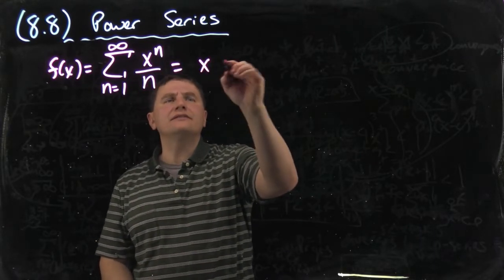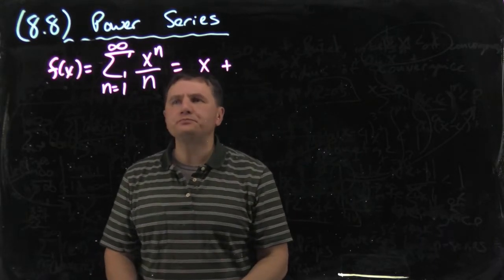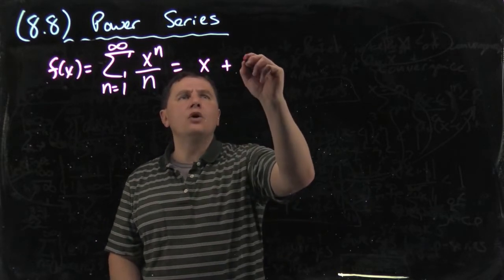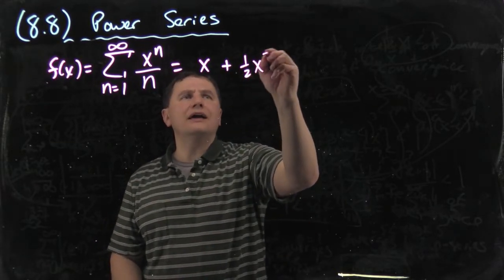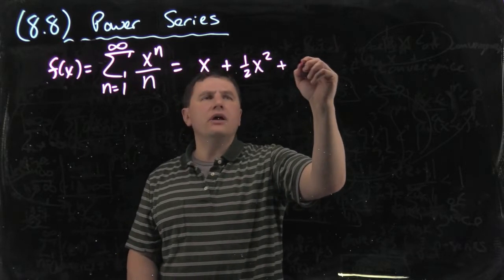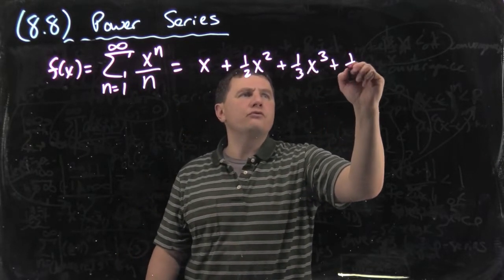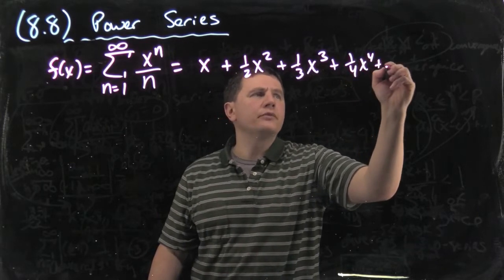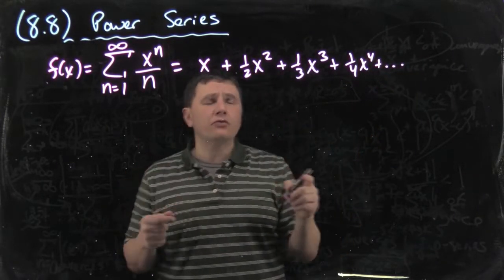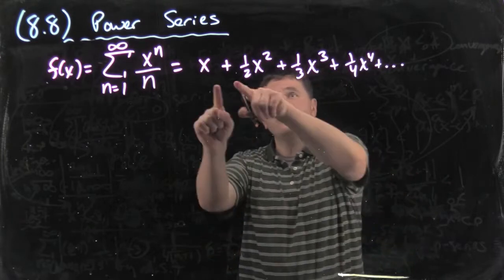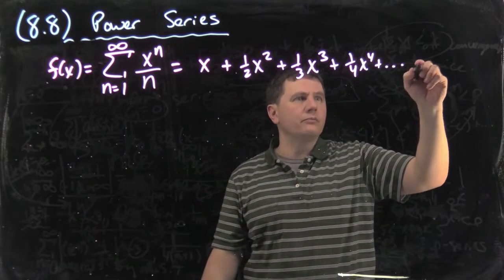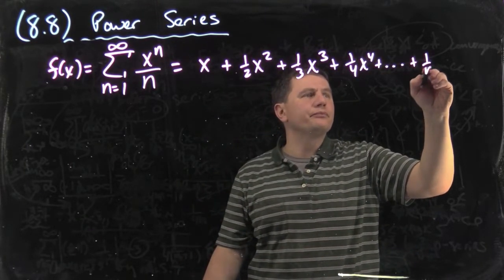This will be x plus 1/2 x squared plus 1/3 x to the third plus 1/4 x to the fourth. And once again, when we do these expanded forms, it's pretty much the standard on the AP test. They have you write 4 terms and then a general term. So this would look like this.